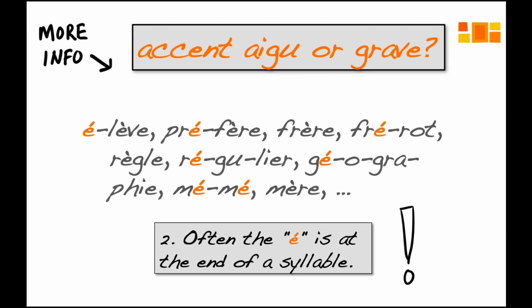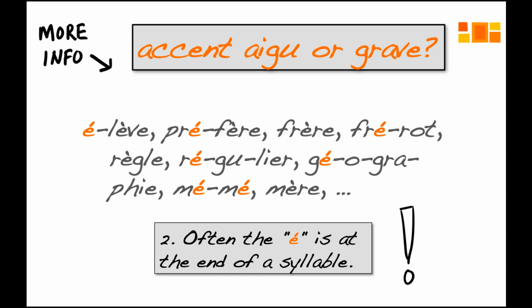It's the end of a syllable. Have a look at the words. Élève. E accent aigu is already the end of the syllable. It's its own syllable, so to speak. With the lève, you have the V at the end of the syllable when you pronounce it. Élève.